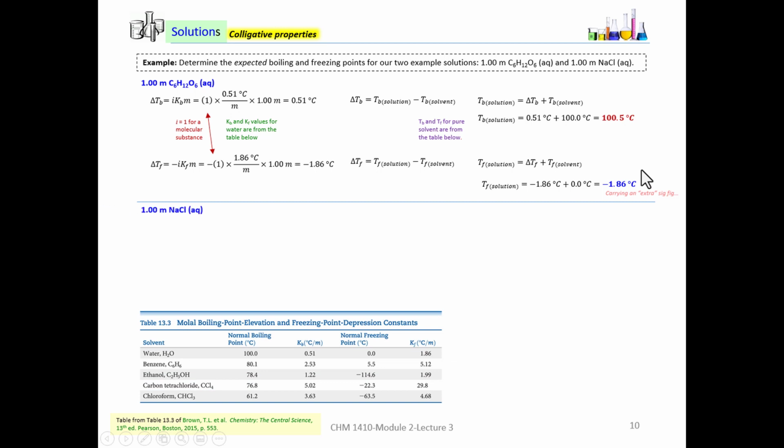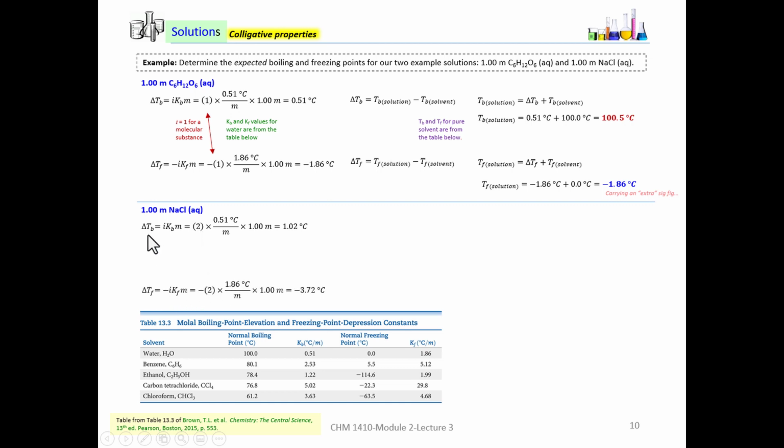Let's do the same or similar calculation for our sodium chloride solution. The boiling point elevation calculation here would look identical to the calculation for glucose with one big difference. I'm going to use a Van't Hoff factor of 2 here because I'm trying to remember that sodium chloride breaks up into 2 particles in solution, a sodium ion and a chloride ion.